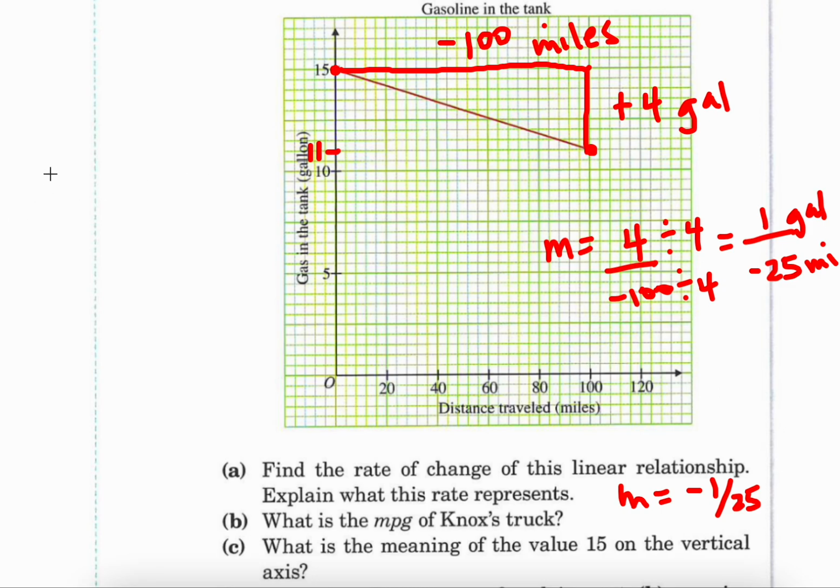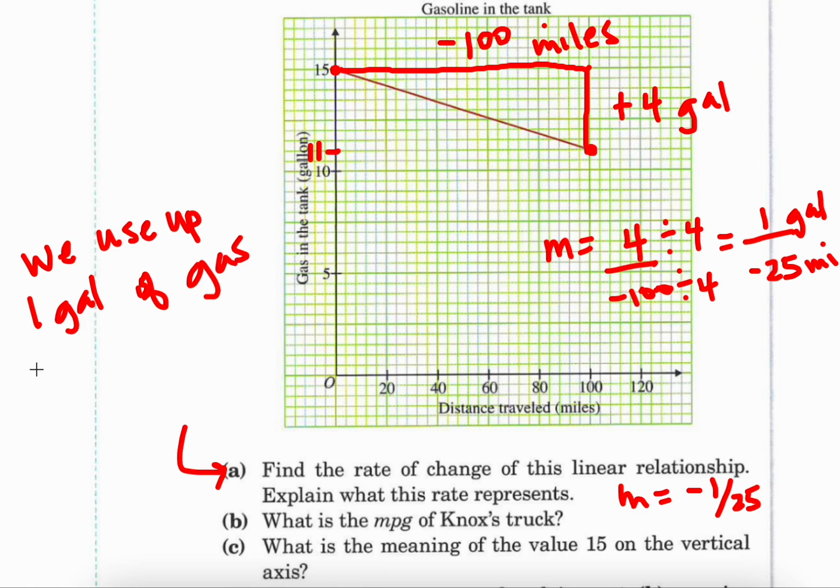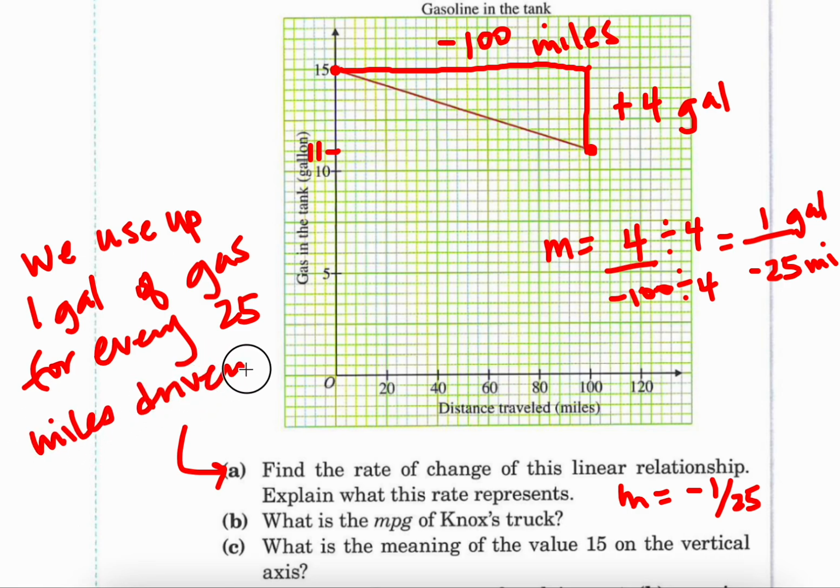Okay, so basically the slope, this rate, tells us that we use up 1 gallon of gas for every 25 miles driven.